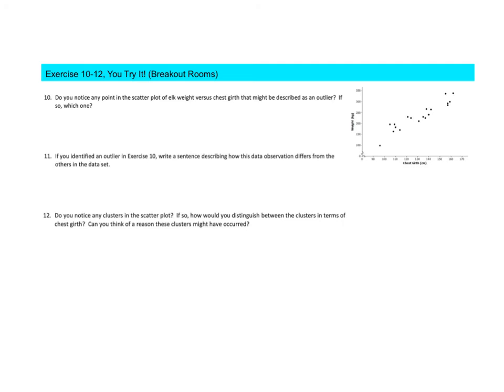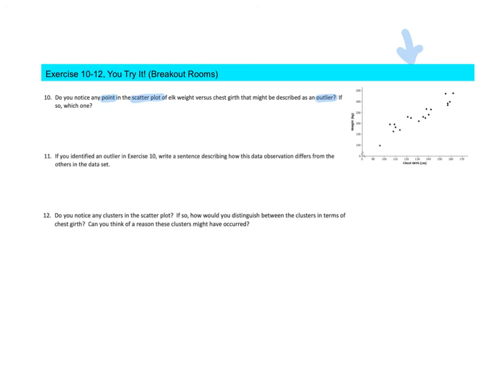So what I want you guys to do in your breakout rooms is look at this graph right here. I want you to ask each other and come up with an answer. Do you notice any point in the scatter plot that might be described as an outlier? So a point that's kind of just out on its own, and if so, which one? I want you to maybe circle it or something. Okay?